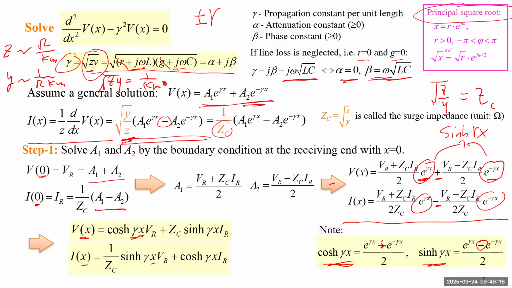So gamma s, what will this unit be? If x is length, this one will be 1 over kilometer times kilometer. So gamma s has no unit. And ZC, the unit will be ohm. It really means the characteristic impedance.